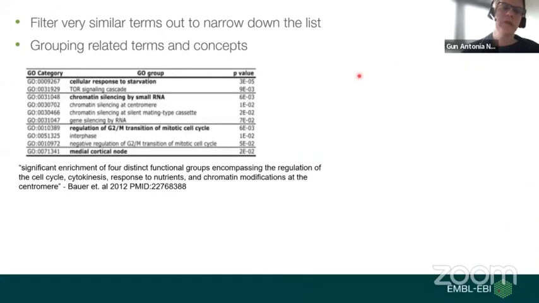I already mentioned that you can filter out the very similar terms. This is an example where they did that. They had a number of terms in the enrichment, and they just highlighted the 4 broad themes that they saw in their data.